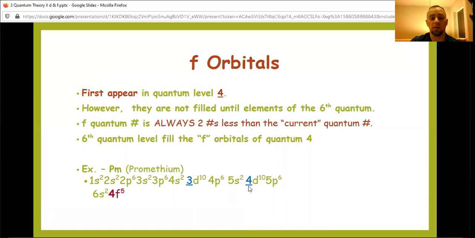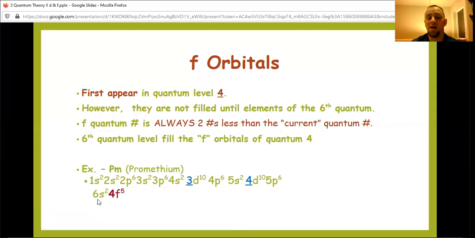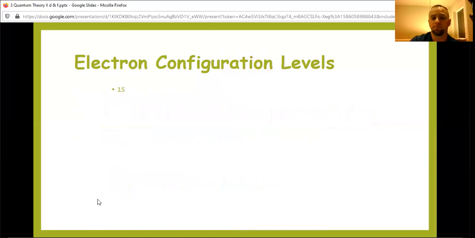If we keep going, we get to the 6th period, and we reach our very first f orbital, but it is 2 numbers less, so 4f for that particular orbital. And those are the 2 exceptions to the rule to how we write out that electron configuration for the elements that have those orbitals in them.